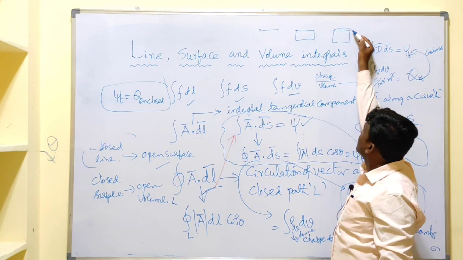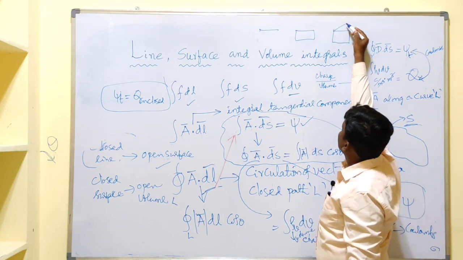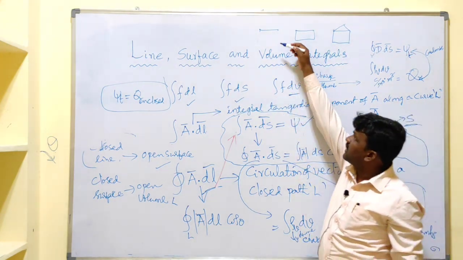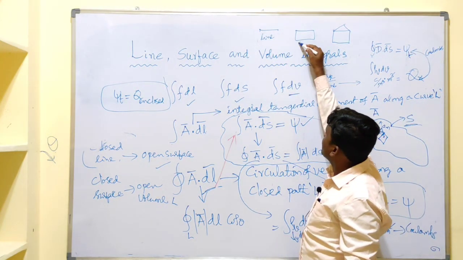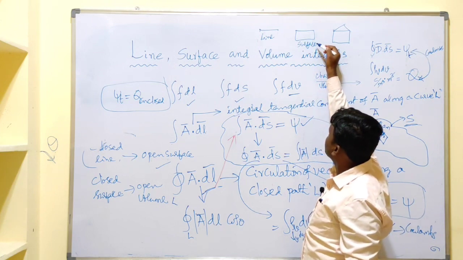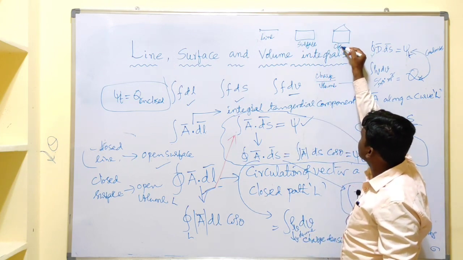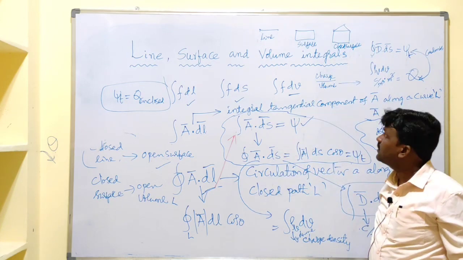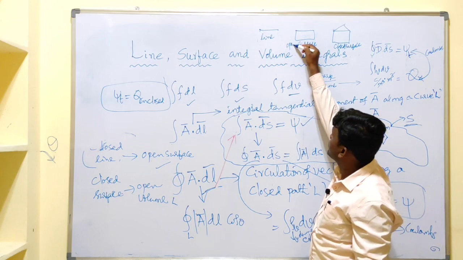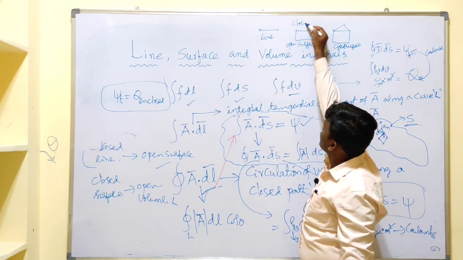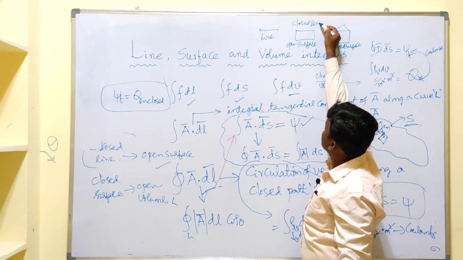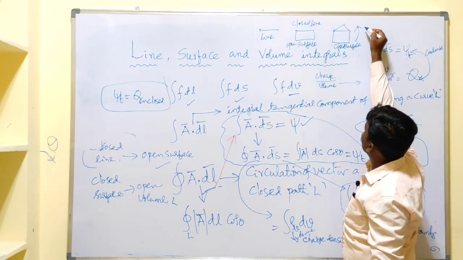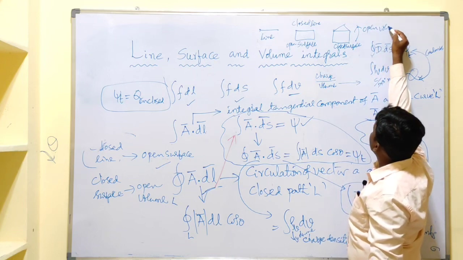If it is closed one, in that case we will get a volume. So this open surface is defined by a closed line, and a closed surface defines a volume.